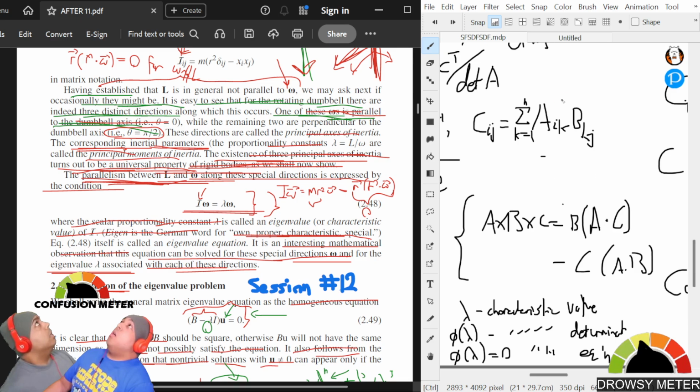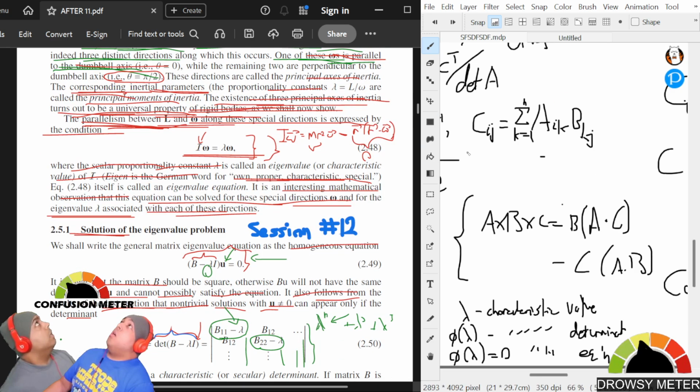So these two are technically the same. B minus I lambda, u, equals 0. This is the general eigenvalue equation.